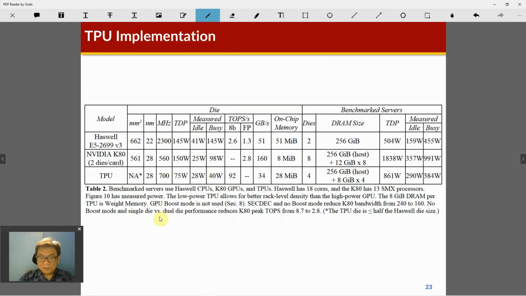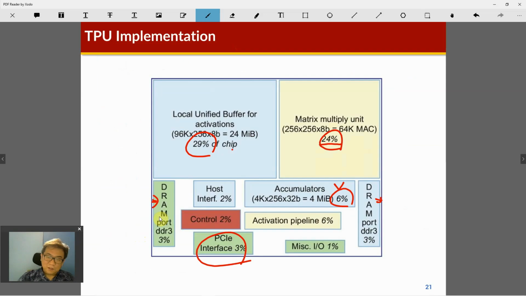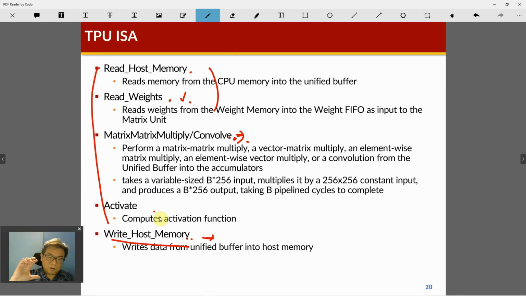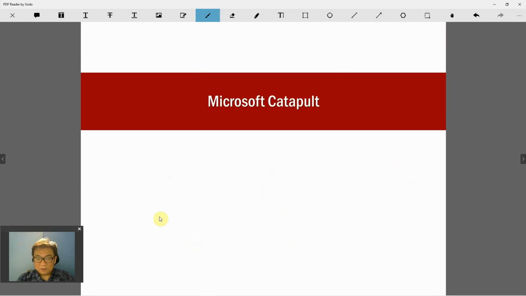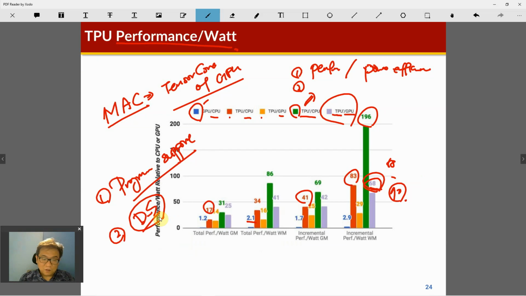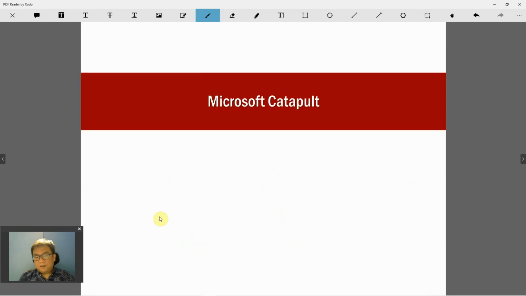As I showed you, the TPU supports only a few instructions like data movement or data computation, and the number of instructions is very small compared to general purpose processors. That is another disadvantage of domain-specific architecture. And then let's see another example of DSA, Microsoft Catapult.